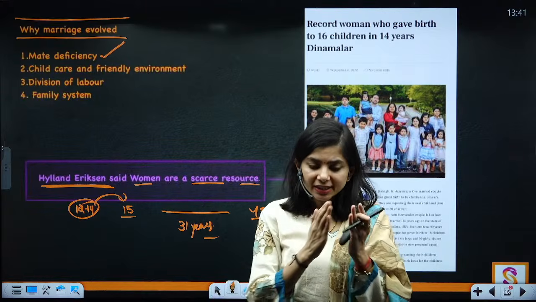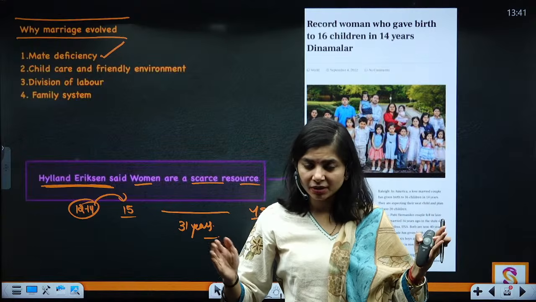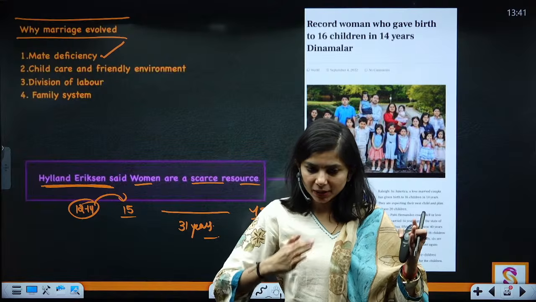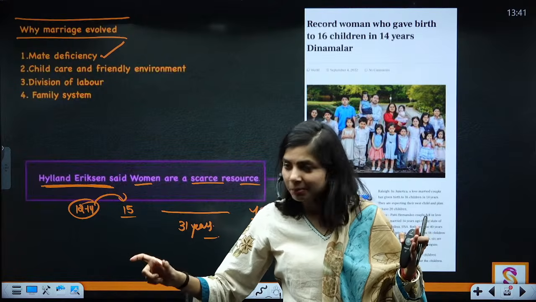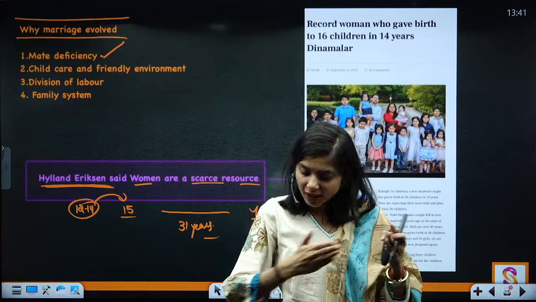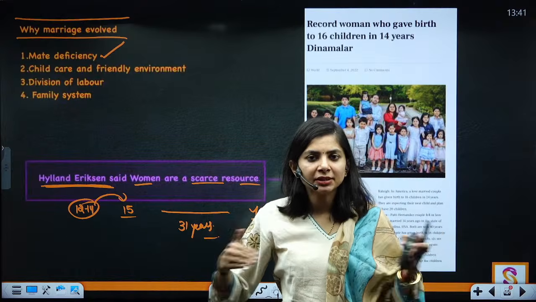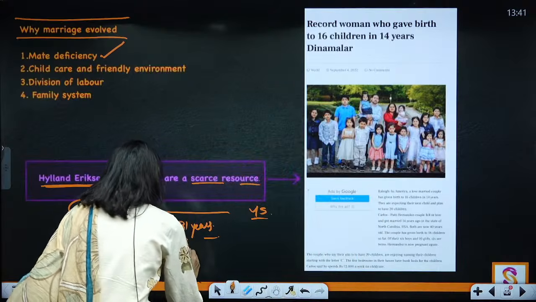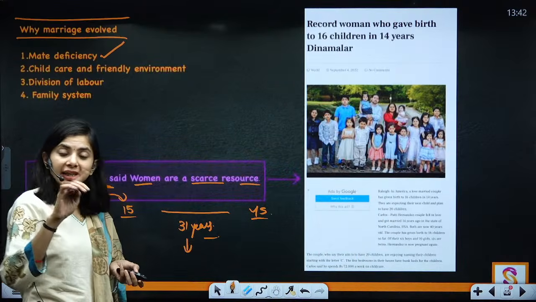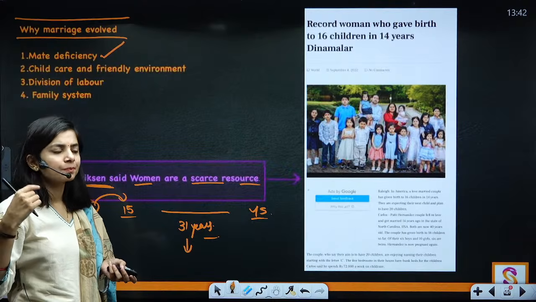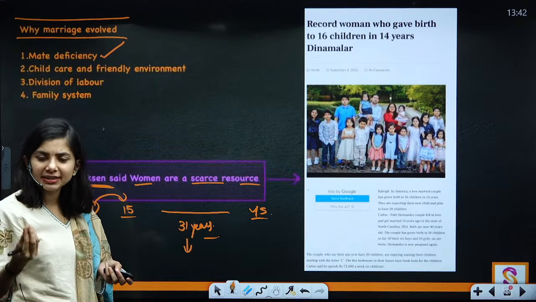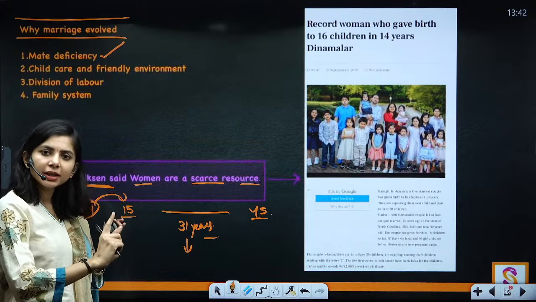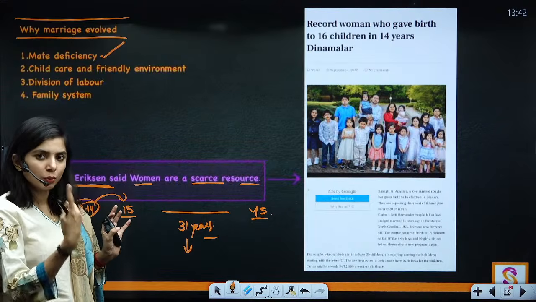Now there is a gestation period of 9 months. 9 months for the pregnancy, and then 1 month of postpartum. So analyzing a 10-month time period for one child, if we are not taking the cases of triplets or twins, we are considering one child per 10 months.